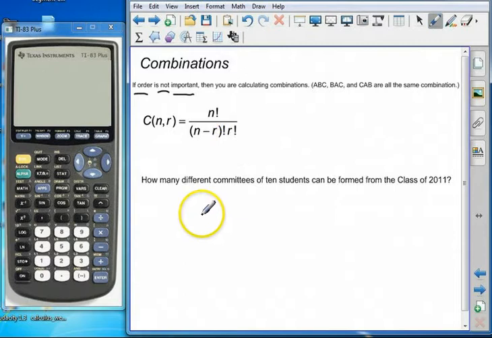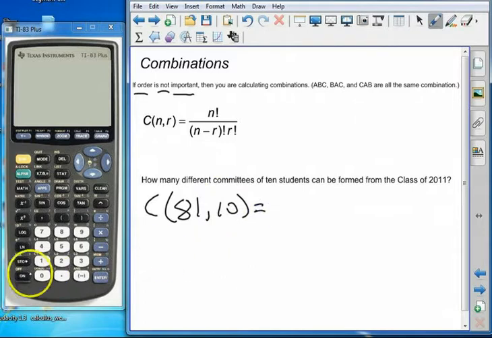So here's my question that we might use combinations for. How many different committees of 10 students can be formed from the class of 2011? Now think about this. When you have a committee of students, does it matter what order the students are chosen? It really doesn't. So we wouldn't want to use permutations for this example. We're going to use combinations. Now there are 81 seniors, and so we're going to choose 81 taken 10 at a time.